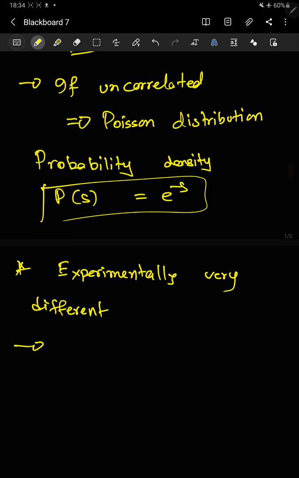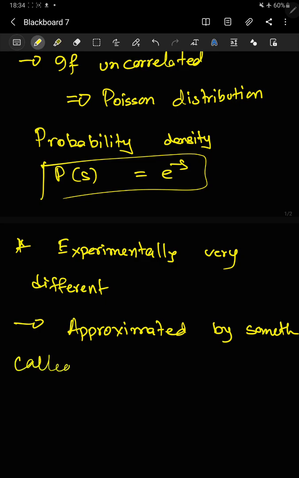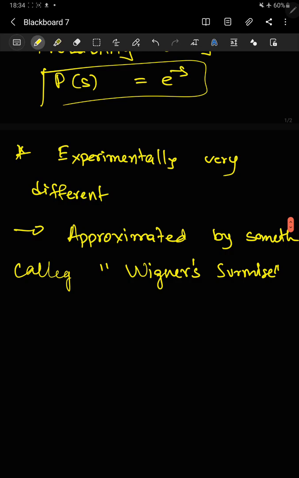And they are approximated by something called, as the headline of the topic says, Wigner's Surmise. As far as I know, the word surmise means something that you come up with without a proof, and Wigner came up with this idea just randomly out of his head with sheer brilliance, but no mathematically rigorous proof.